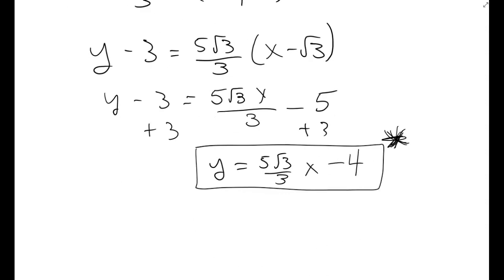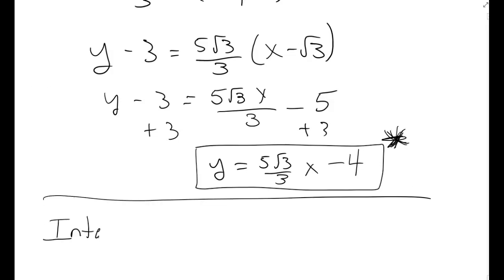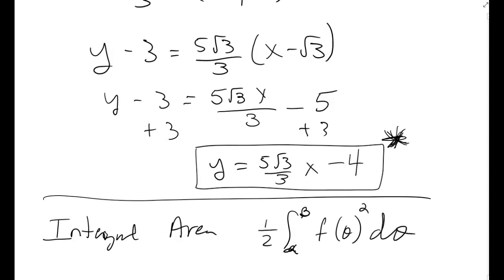Area, we're not really going to do much with that right now. But for those of you moving on to Calc 3, do know that you can get an area of a part of a polar coordinate by simply taking 1/2 integral from between two angles, that's why they're alpha and beta, of your function squared d theta.